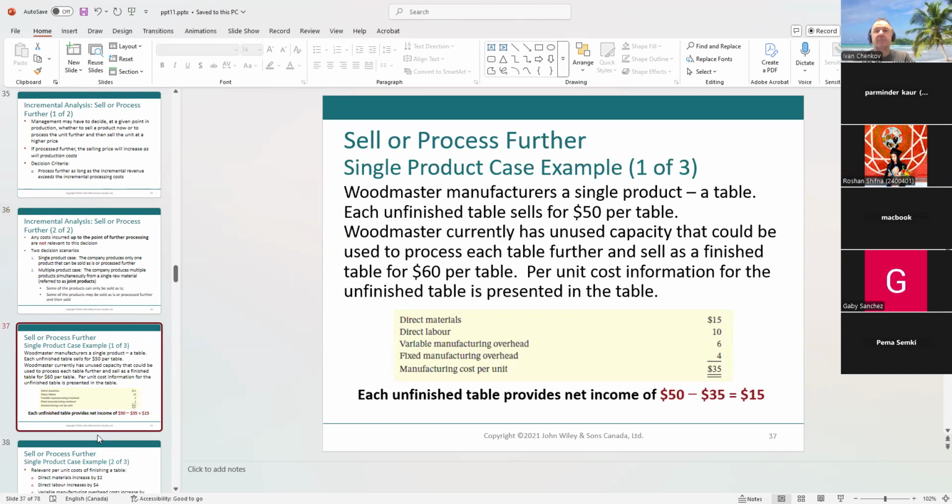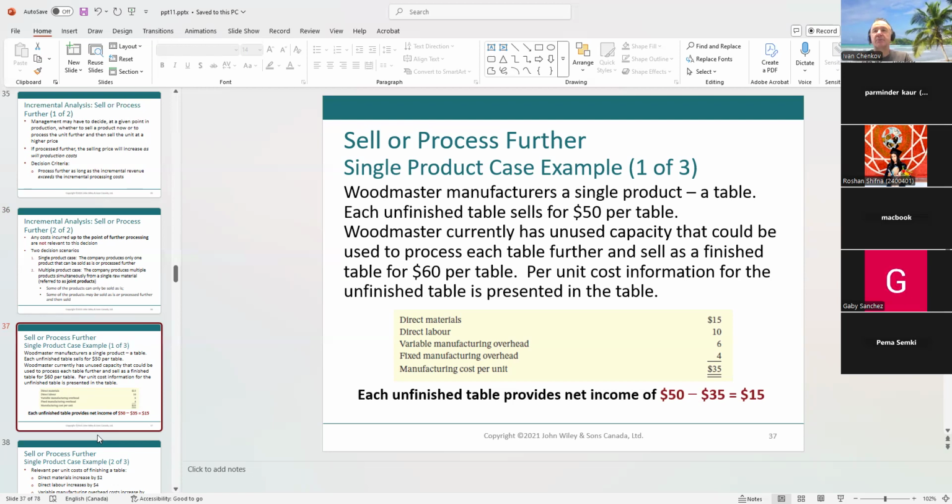This company manufactures a single product, which is a table. Each unfinished table sells for $50. This company currently has unused capacity that can be used to process each table further and sell it as a finished table for $60 per table.